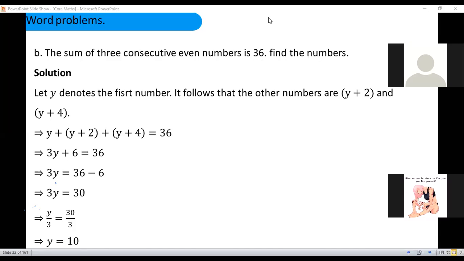All right, are you okay? So you see that when you add 10 plus 12 plus 14, it should give you 36. Okay, let's proceed.